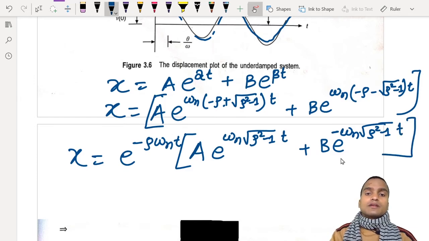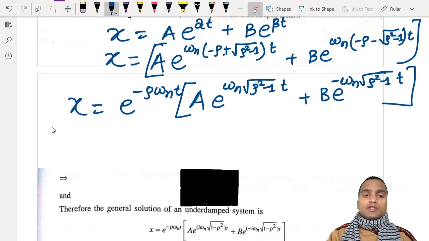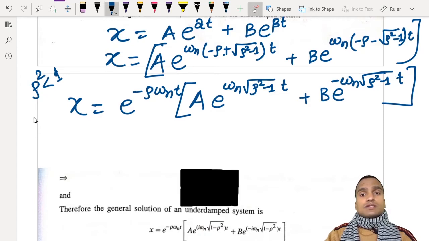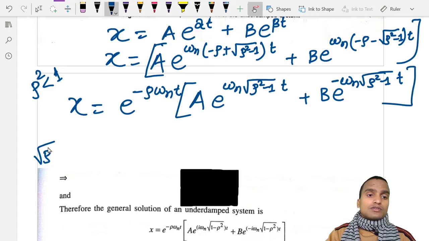Now here we know that rho square is less than 1, so rho square minus 1 is negative, so we can write root under rho square minus 1 equal to iota times root under 1 minus rho square.